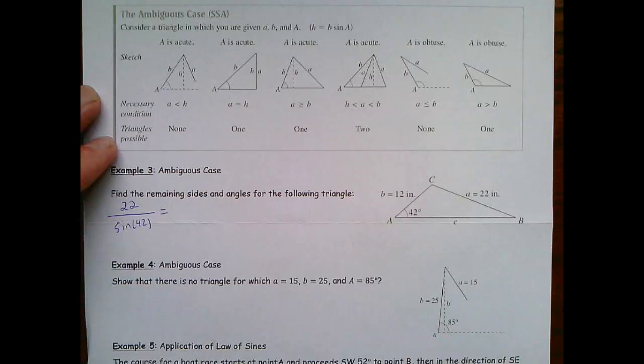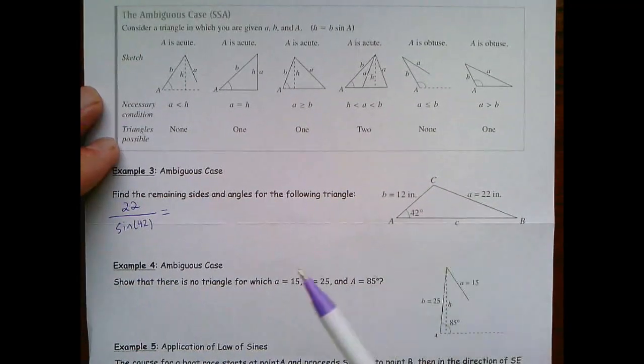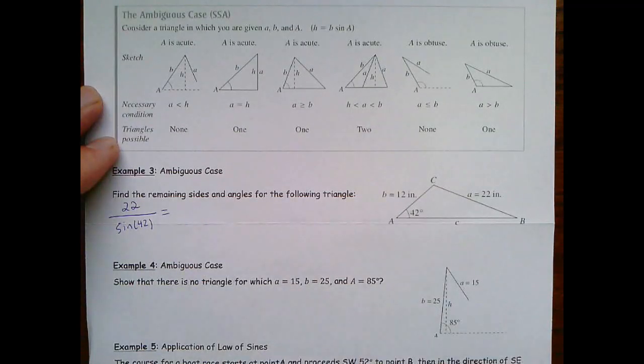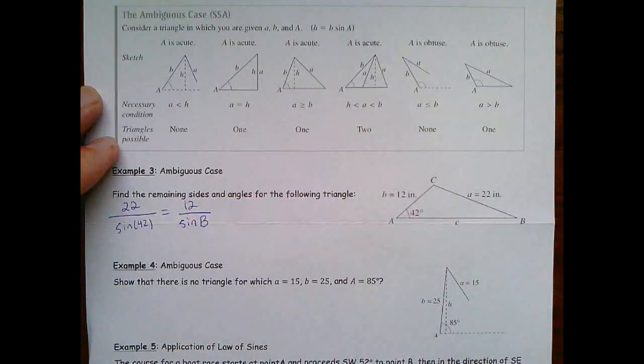which one should we start with? Do we have to start with c or with b? Well, if I do c, then over here I'm going to have side c over sine of C, 2 unknowns. But if I go with b, then I know little b is 12, all over sine of capital B, which is the angle. Now notice there's just 1 unknown, and I would be able to solve for it.